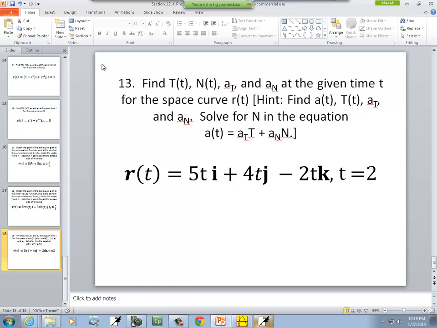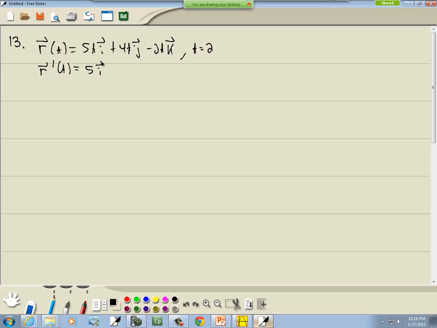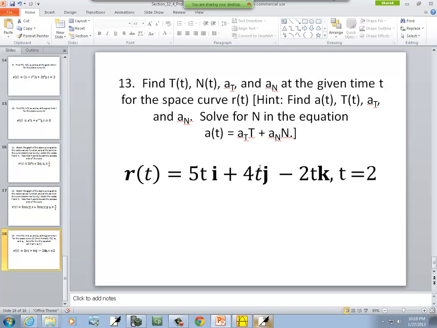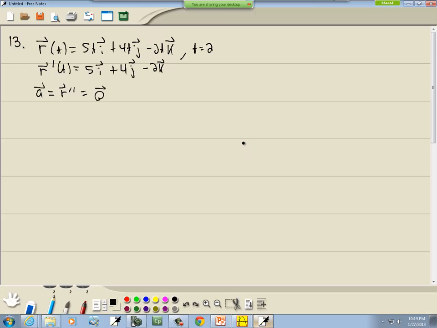Yeah, I'll go with this. Sometimes I make these numbers up, they don't come out quite right. Now, our acceleration is the second derivative, which would be the 0 vector. I'm not sure if I really like that, but maybe that'll make it even a little bit easier.